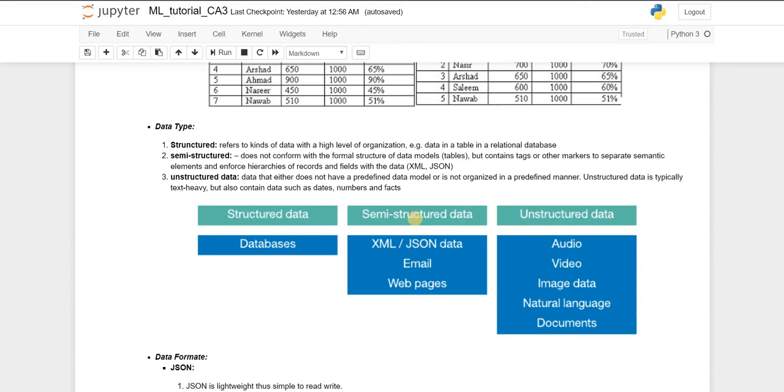We do have semi-structured data, which is represented by JSON. JSON is a dictionary of dictionaries and lists, so you could put a list into a dictionary. So it's kind of structured. You have a list, you have a dictionary, but at the same time it takes different input types, which makes it not fully structured. Unstructured data is audio, video, image.